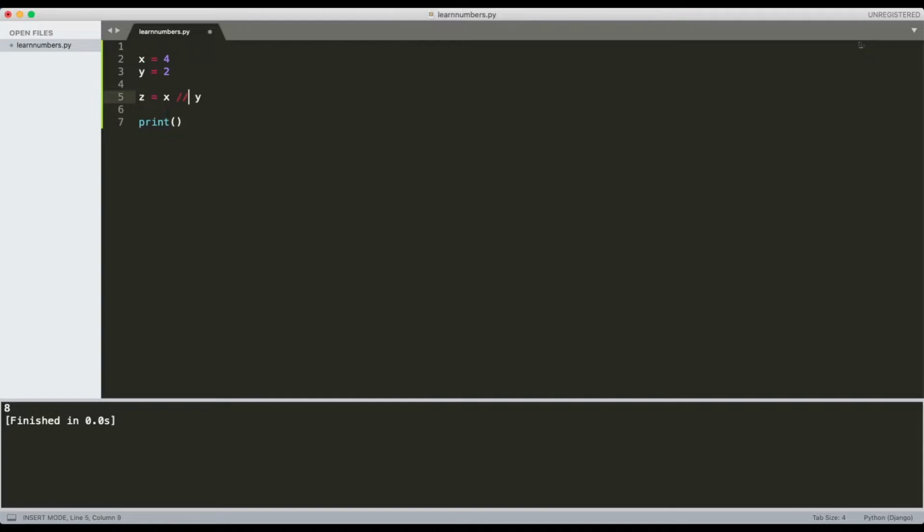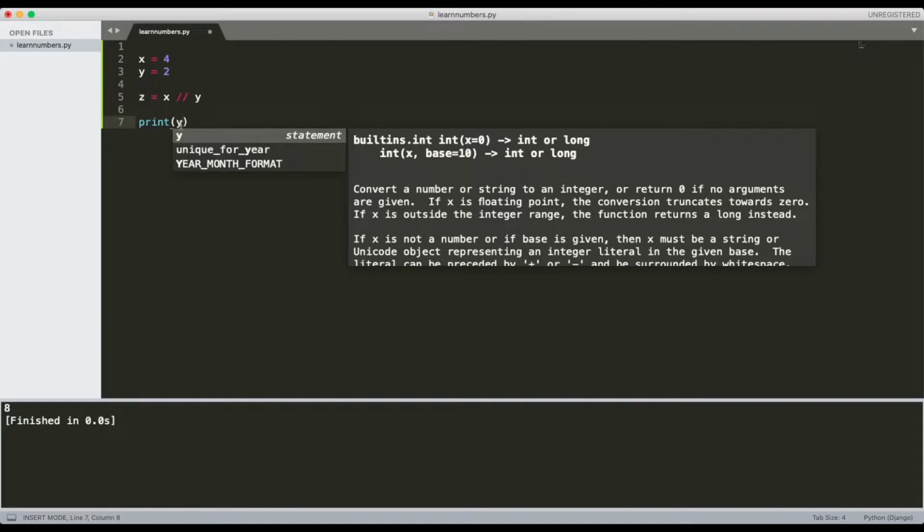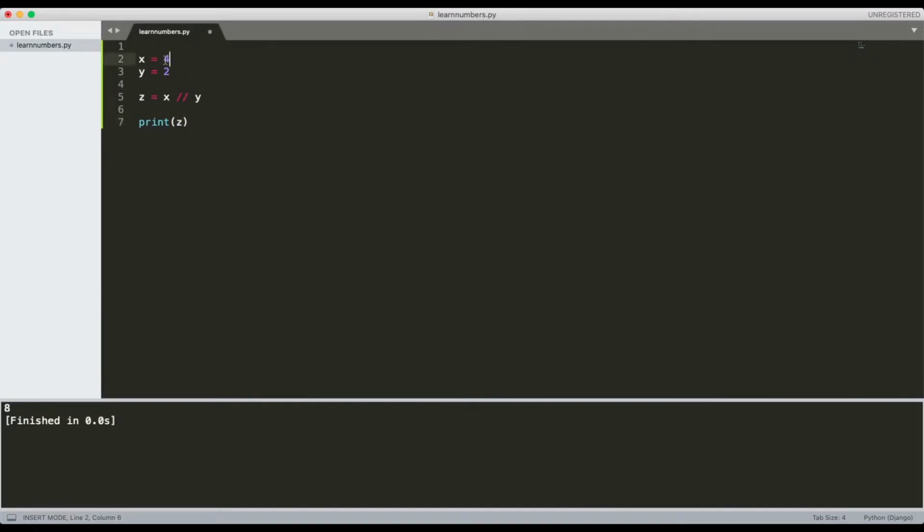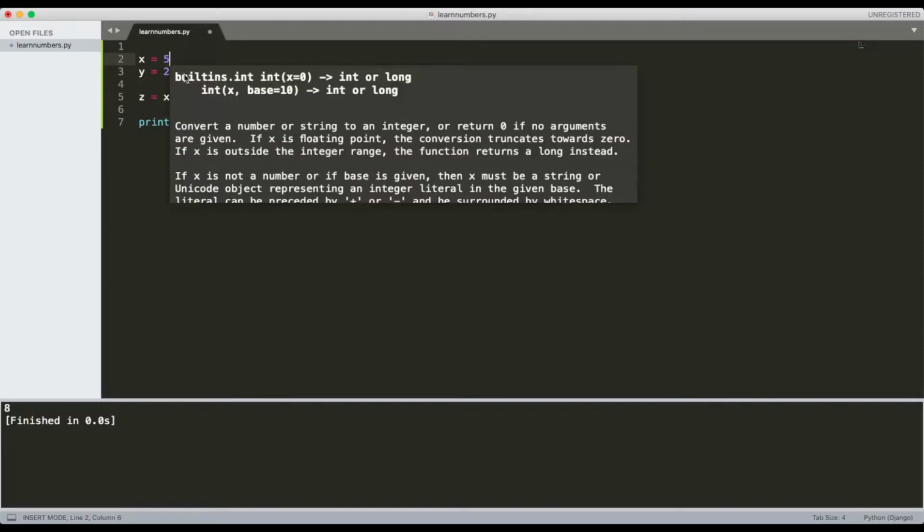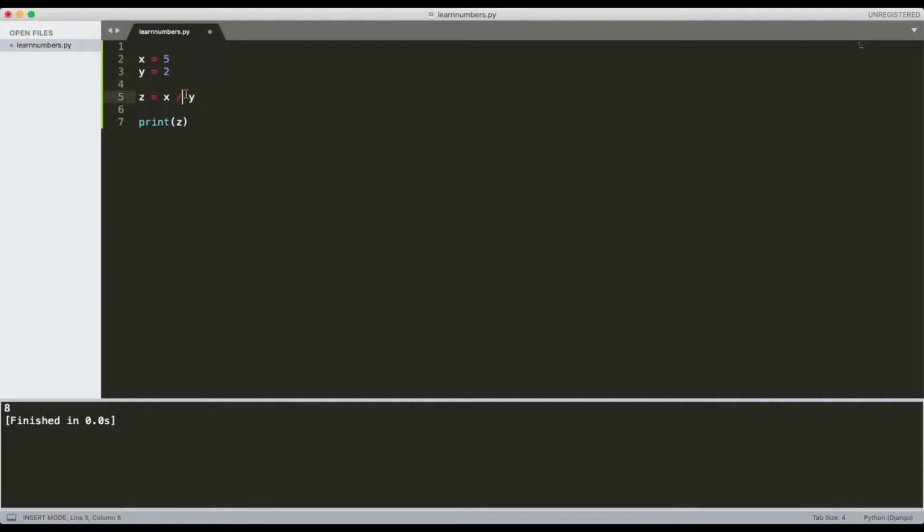One more thing, a couple more operators that you may need to know. This is called floor division, and what this does is essentially it takes the first number, divides by the second number, but it rounds down. So say this was 5, if we just divided 5 by 2, this would be 2.5, but if we use the floor division, this would be 2, because we rounded down to the nearest integer.